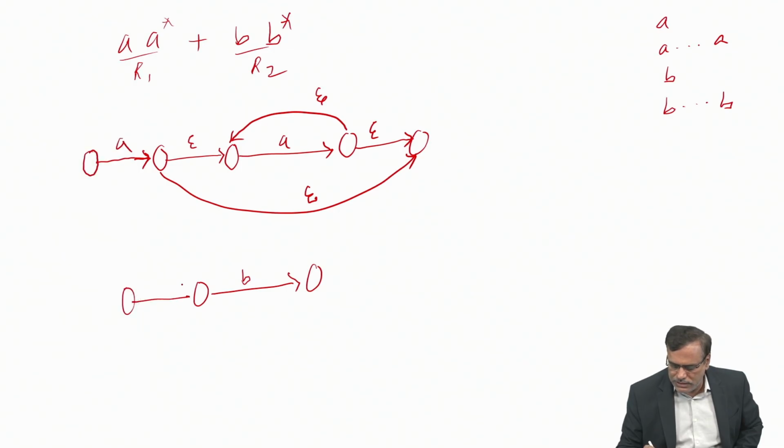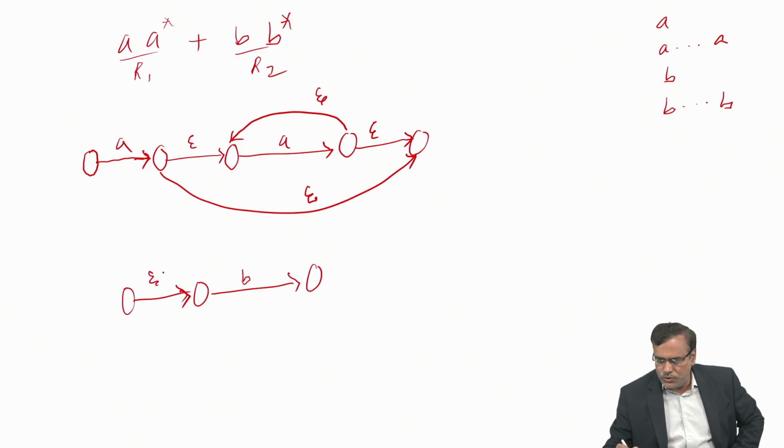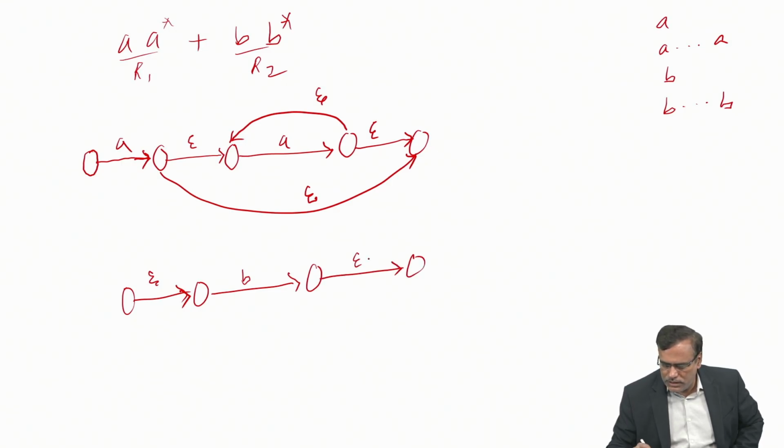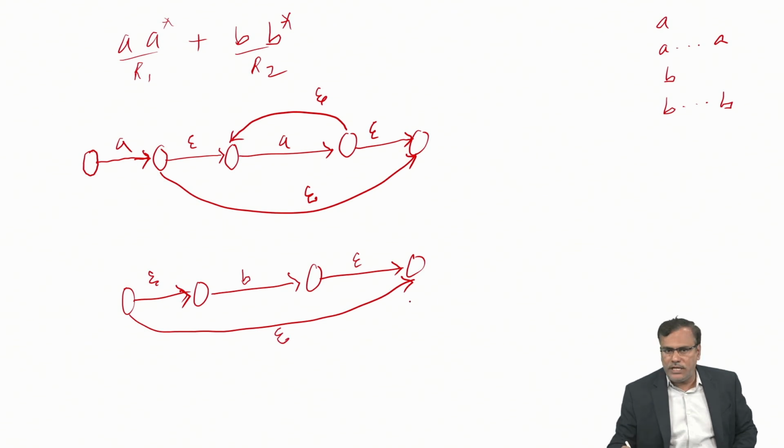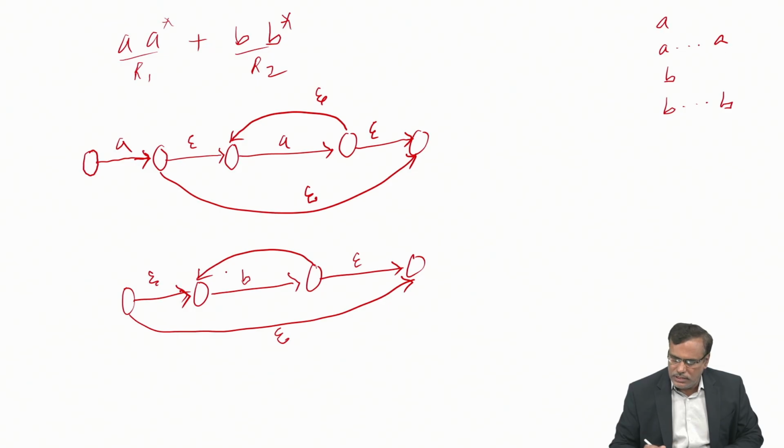You have to give a transition on epsilon from new to old start state, and also from old final state to new final state, and also a direct transition on epsilon from new start state to new final state, and also old final state to old start state. This is B star. We have already seen this.